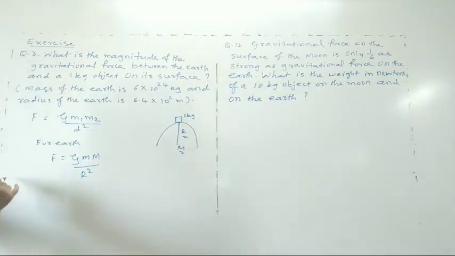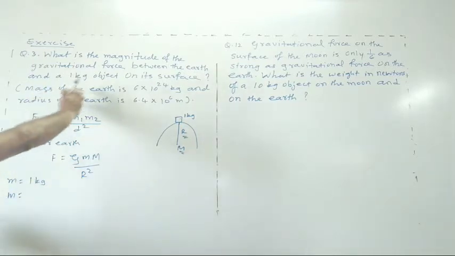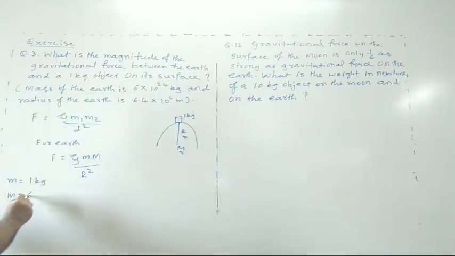Now, from the given hints, the mass of the object is 1 kg. Then what is given next? The mass of the Earth is 6 multiplied by 10 raised to 24 kg.